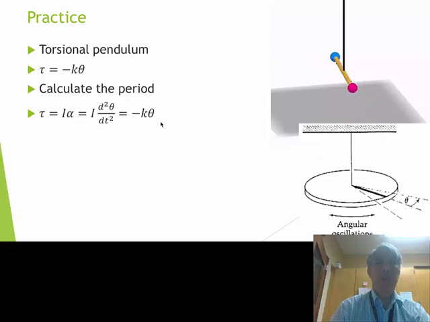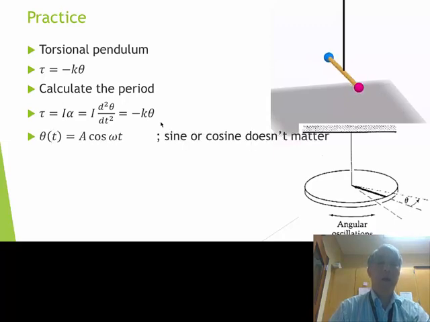The first thing, like I said, torque is equal to minus k theta, but we also know torque is equal to I alpha. So this is similar to F equals ma. Alpha turns into d squared theta dt squared, and that's going to equal minus k theta. Next, we guess, or basically say, that theta of t is some amplitude times cosine omega t. It doesn't matter if you use sine or cosine.